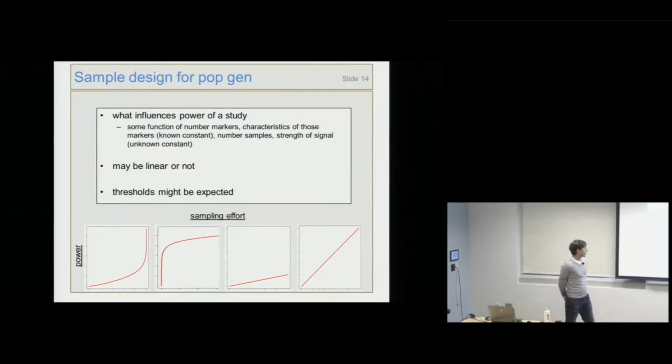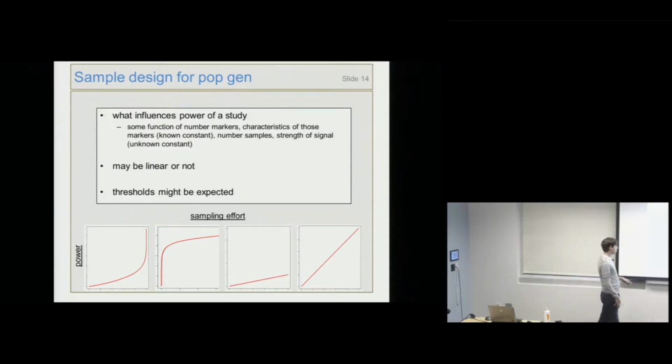Now, we might expect that the power of a study, the power to detect a given effect size, would be some function of the number of genetic markers used, so that's the resolution of the study, as well as a function of the characteristics of those markers, so that's number of alleles per marker, the number of samples we use, and then, of course, the strength of the signal that we're trying to detect.